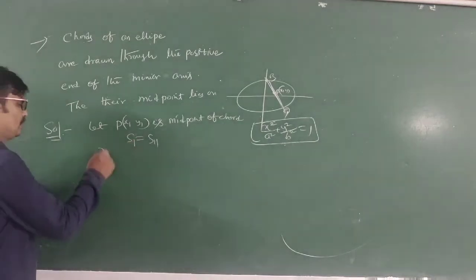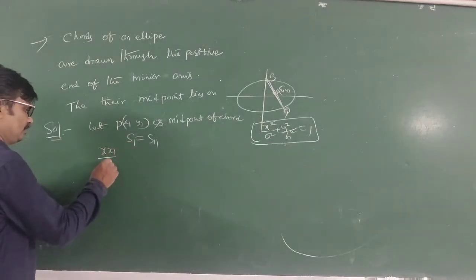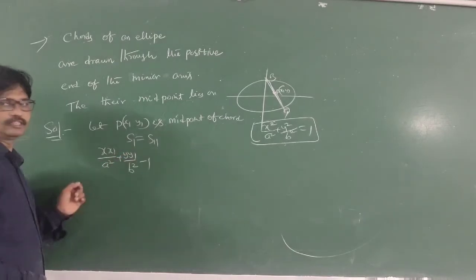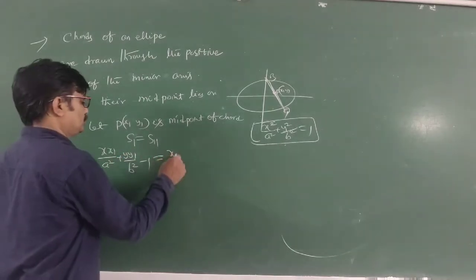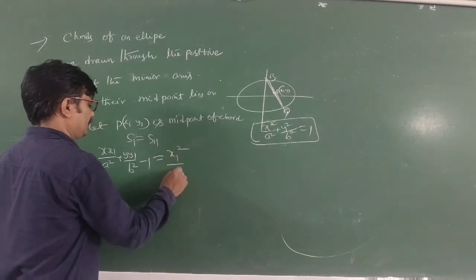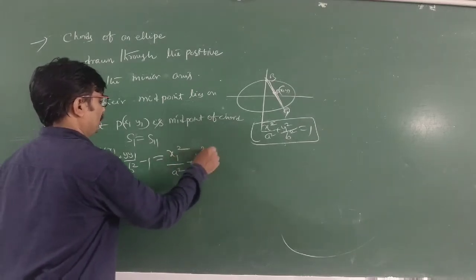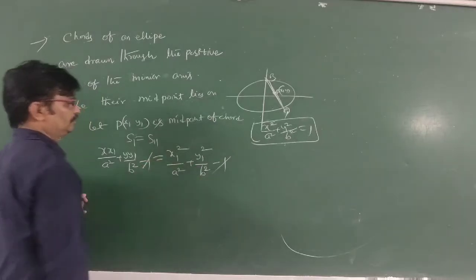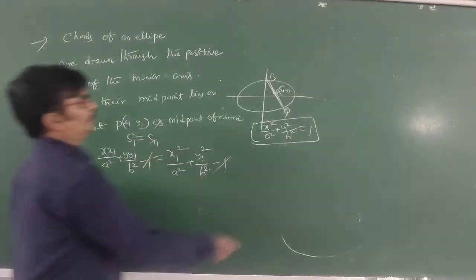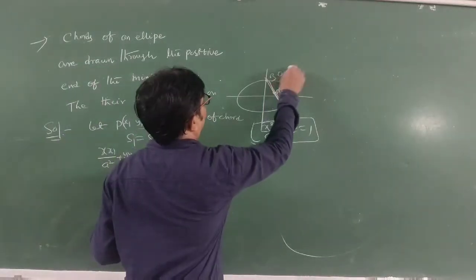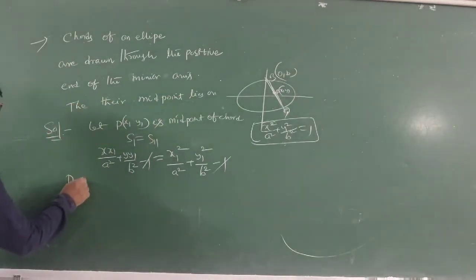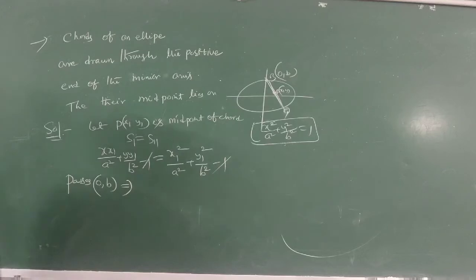Then S1 is x x1 by a square plus y y1 by b square minus 1, and S11 is x1 square by a square plus y1 square by b square minus 1. These are cancelled. Now this passes through the point 0 comma b.